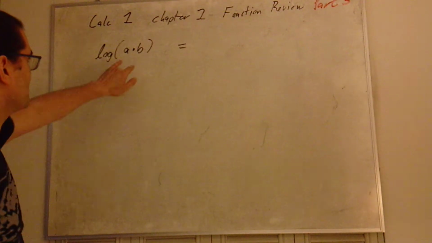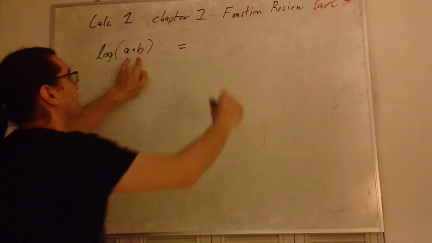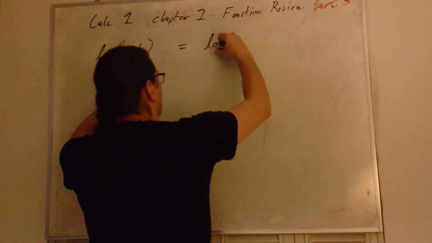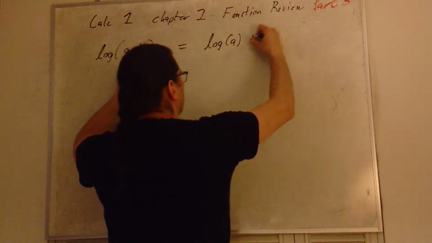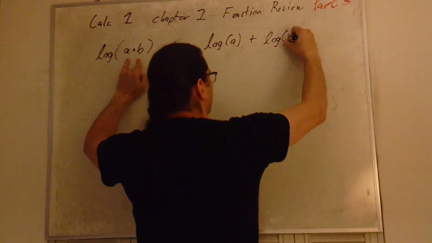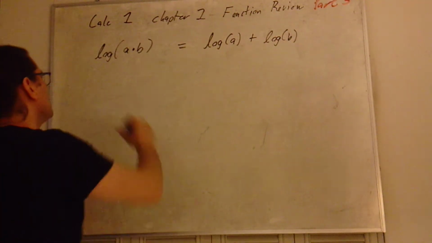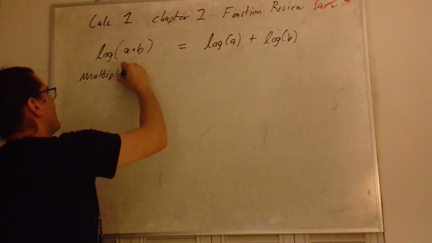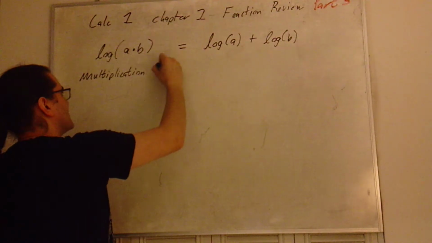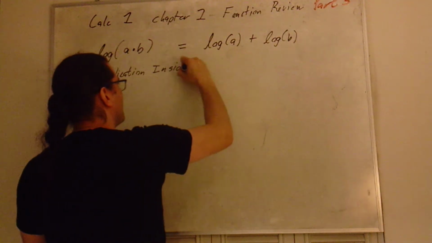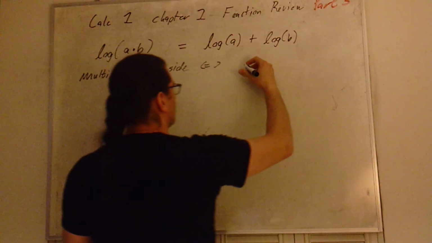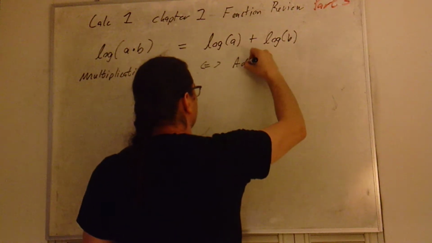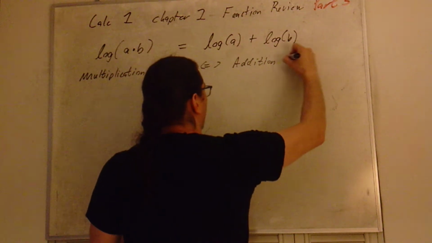So now we have multiplication on the inside. This is going to be the same as the log of a plus the log of b. So this is multiplication inside is the same as addition outside.